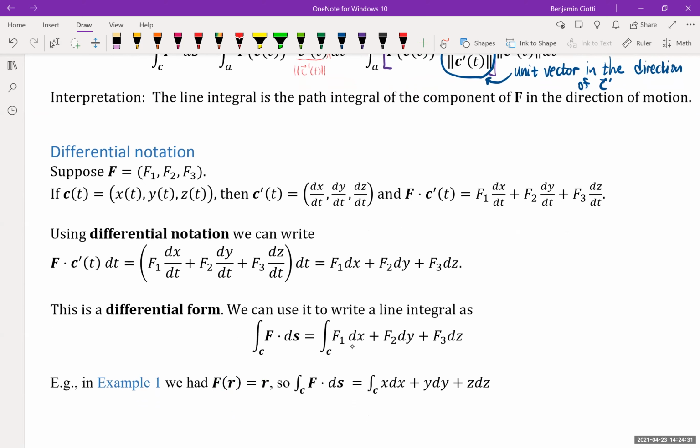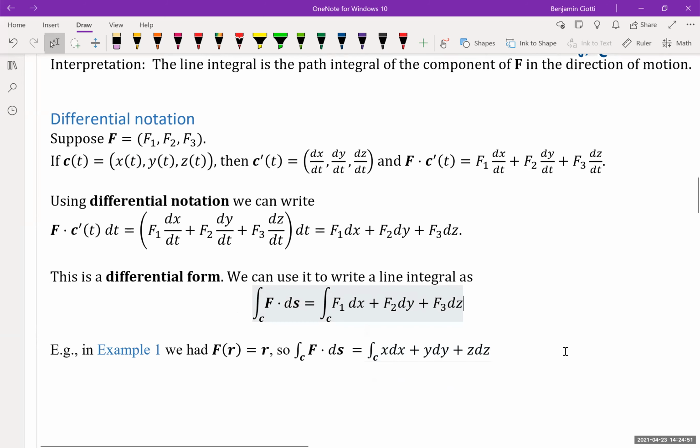So in differential notation, I would get x dx, y dy, and z dz. So that's what that means. Okay. So yeah, I had to mention that. There's a couple notations I'm going to have to mention today.